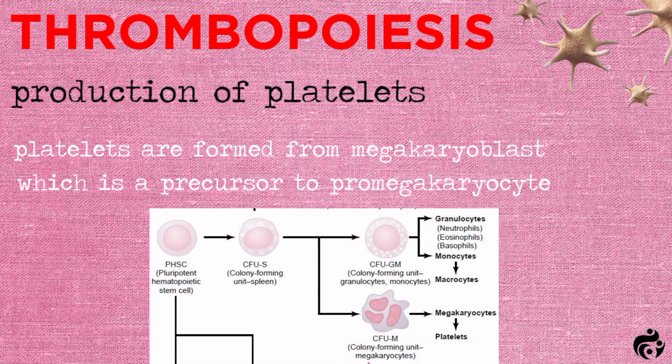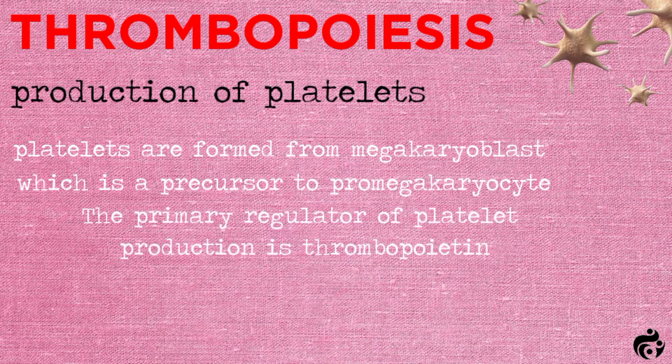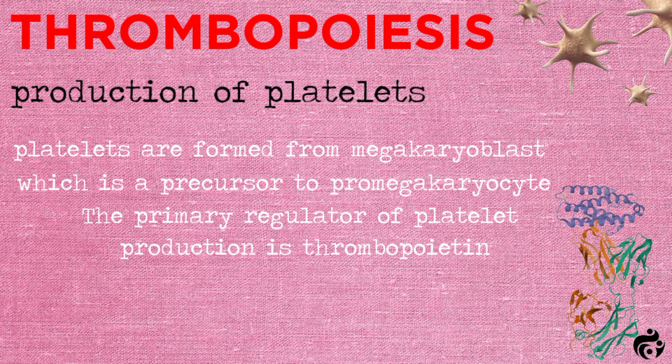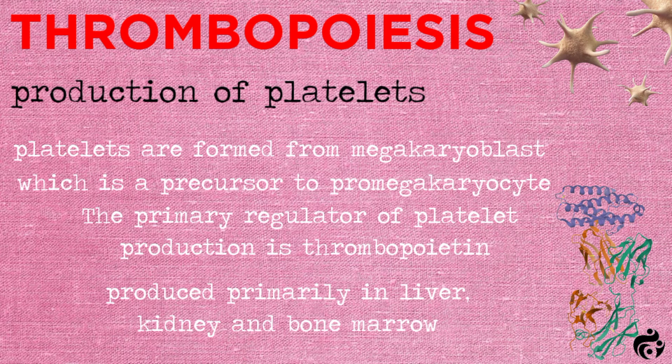During thrombopoiesis, the megakaryoblast is formed from the colony forming unit megakaryocyte, that is CFU cell, which in turn is formed from the colony forming unit spleen, that is CFUS. The primary regulator of platelet production is thrombopoietin, produced primarily in liver, kidney and bone marrow.